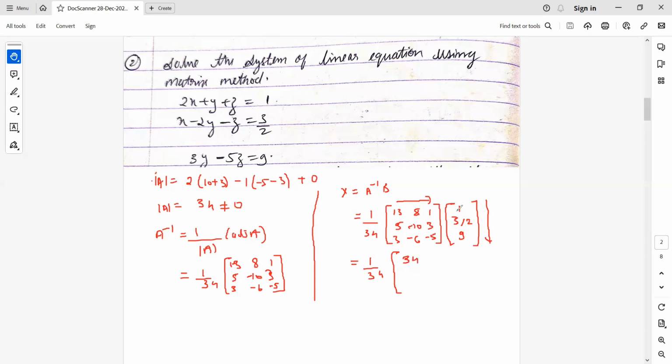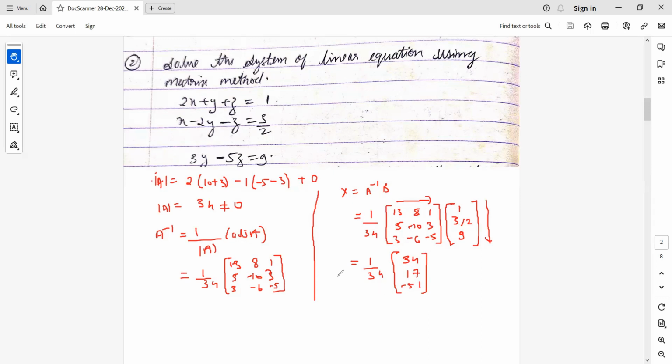Next, similarly 5 into 1 is 5, minus 10 into 3 by 2 is minus 15, plus 27. On simplifying, you get 17. And then 3 into 1, minus 6 into 3 by 2 and minus 5 into 9, and by taking the sum you get the answer as minus 51.